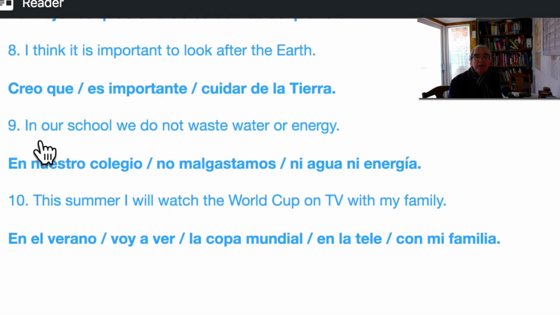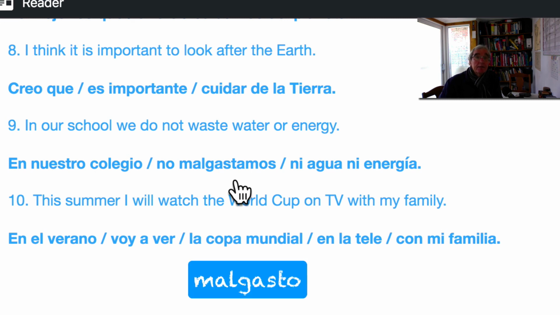So number 9, in our school we do not waste water or energy. En nuestro colegio, there's the word for our, en nuestro colegio, in our school, no malgastamos, we do not waste. Malgastamos is from the verb malgastar. I waste would be, that's it, malgasto.